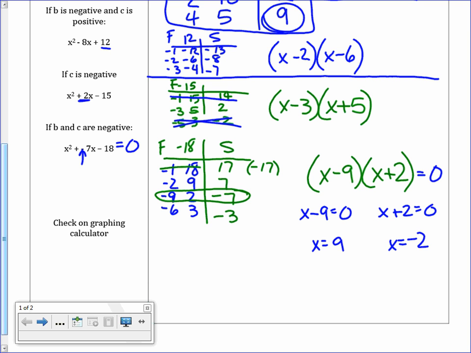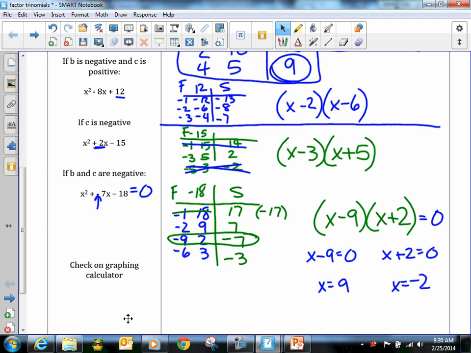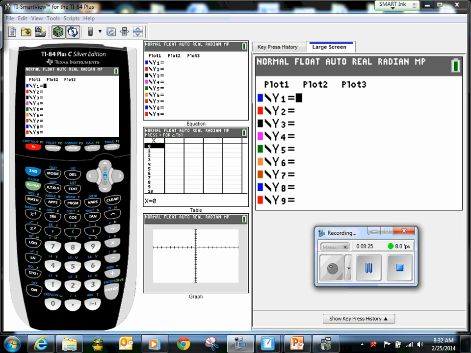So now what we want to do is check this on our graphing calculator. What I'm going to do on my graphing calculator is put in this equation.